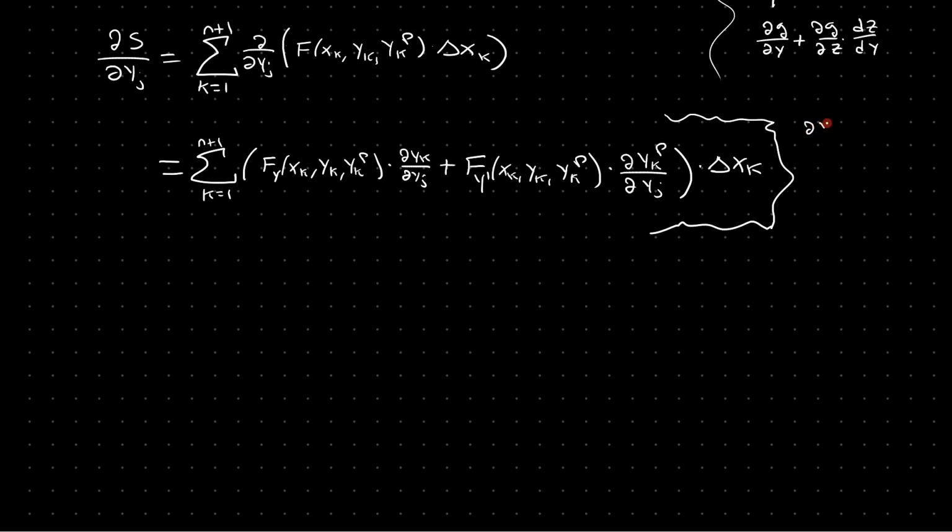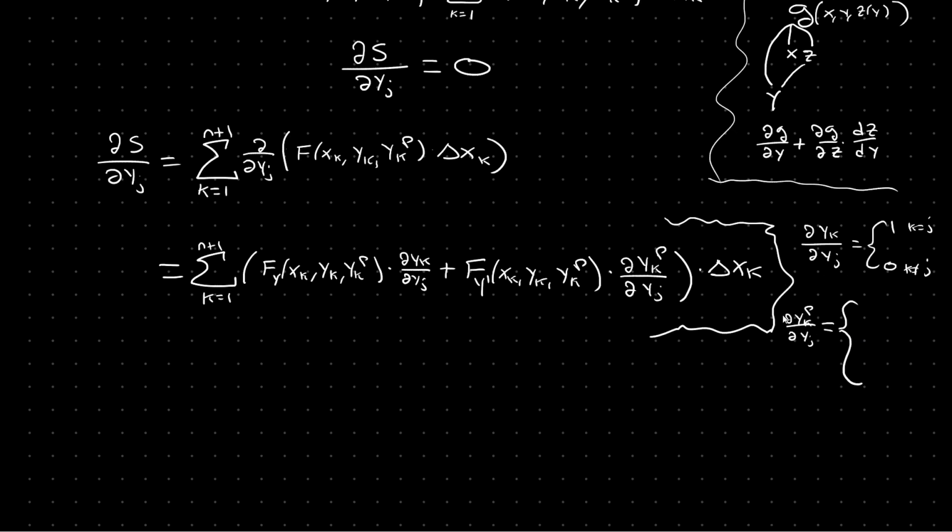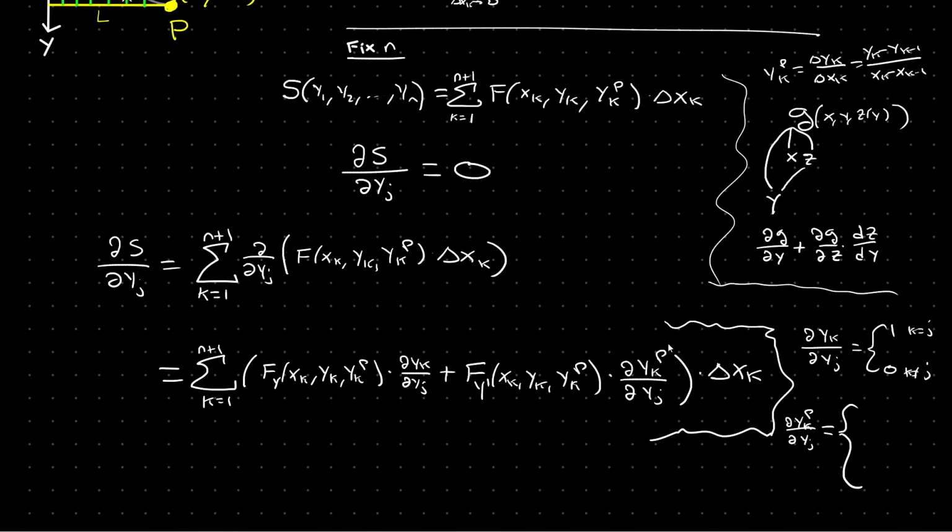The partial derivative of yk with respect to yj is just equal to 1 if k equals j, and 0 if k is not equal to j. And the partial derivative of ykp with respect to yj is a little bit more complicated, but still easier to calculate than the method 1 method.